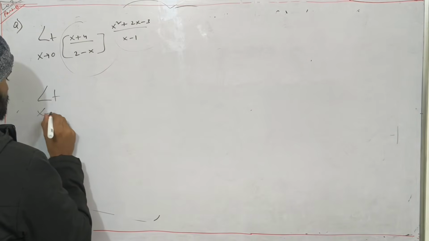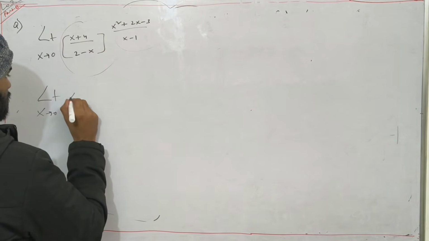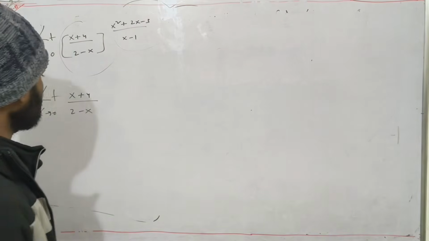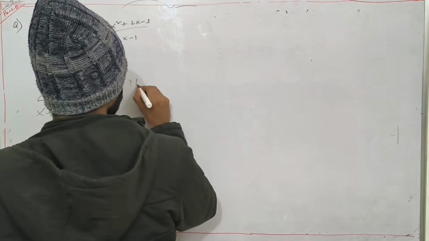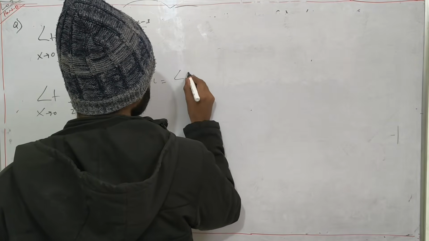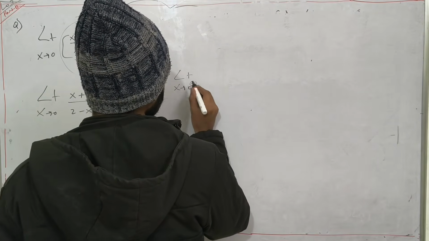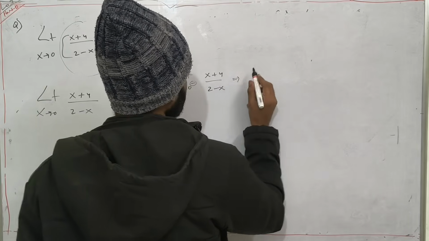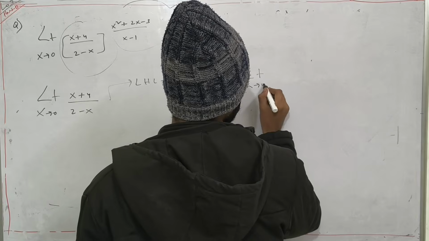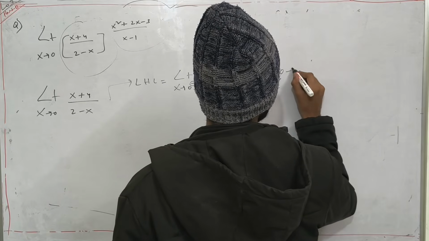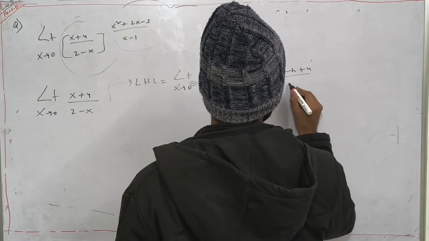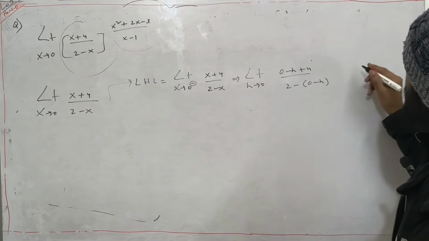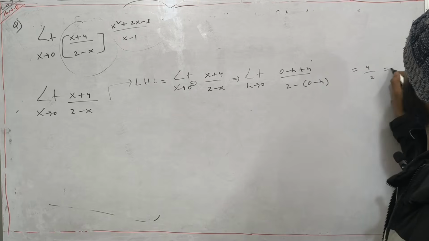Limit x tends to 0 of f(x) equals (x plus 4) by (2 minus x). Let's find the left hand limit, which equals limit x tends to 0 minus of (x plus 4) by (2 minus x), equals limit h tends to 0 of (0 minus h plus 4) by (2 minus 0 minus h). This is 4 by 2 equals 2.